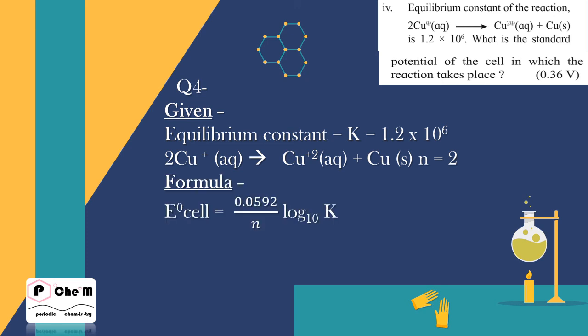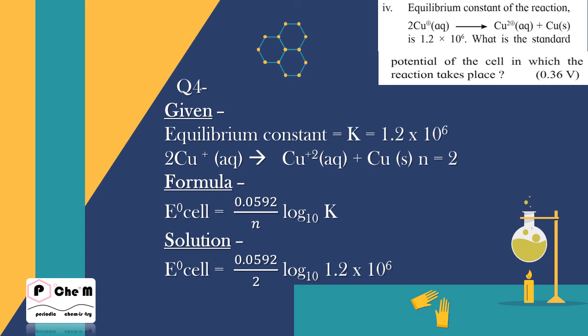We will be using an equation which gives the relationship between the standard cell potential and equilibrium constant K, which is E naught cell equal to 0.0592 upon n log to the base 10 K. We can use this directly because we are finding a standard cell potential. So we have plugged the values of R and T, and we have directly got this as 0.0592 upon n. Now let's see the solution.